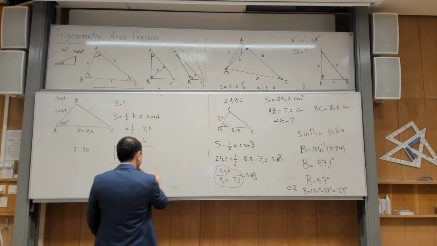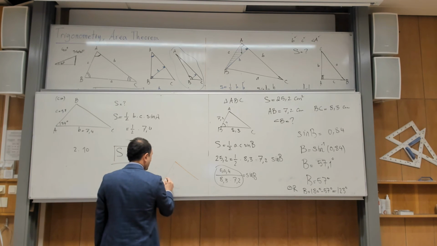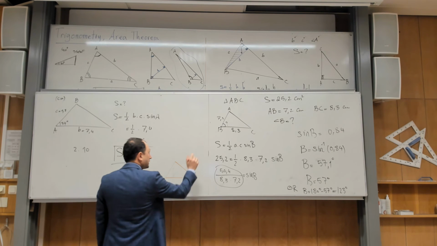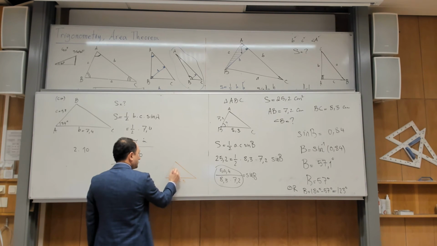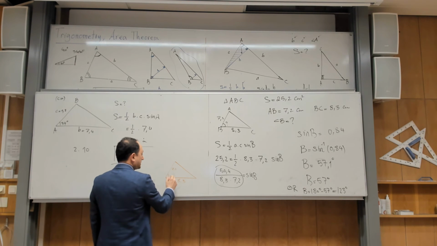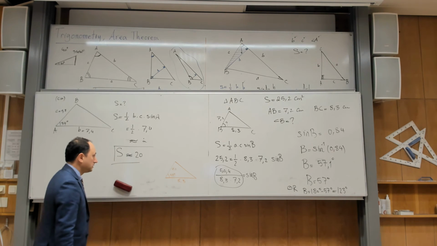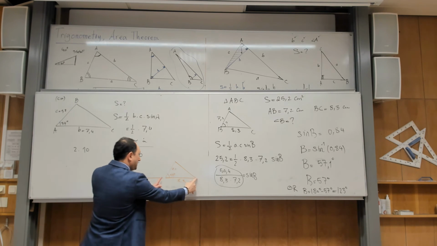So let me just try to give you some feeling. One triangle that you have, for example, we learned that this is 8.3, 7.2, and then we learned that this angle is 57 degrees. It's not a good picture, but anyway. There is another one, which is this one. The same length here.